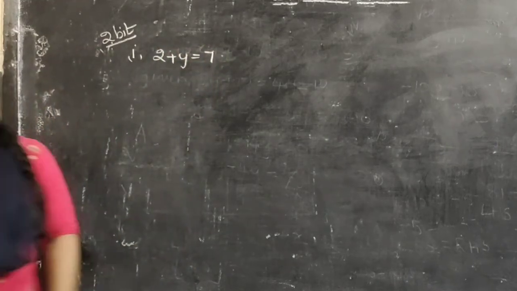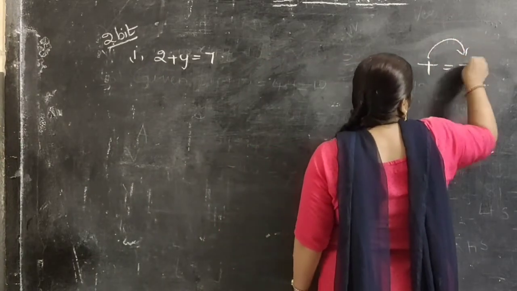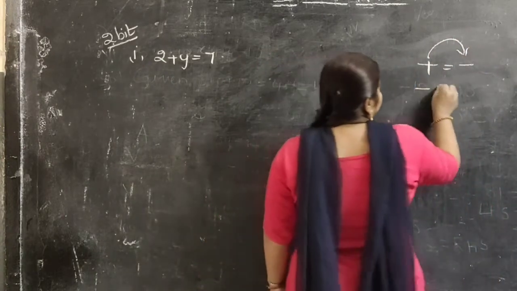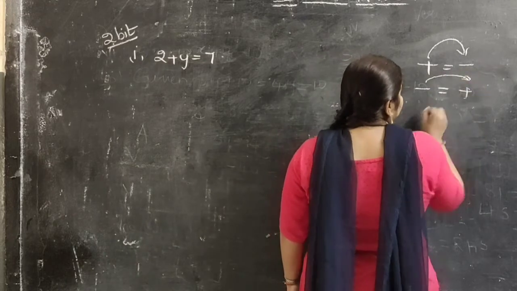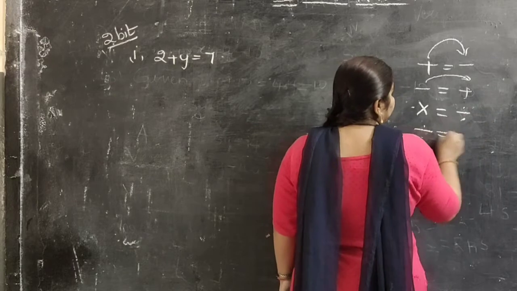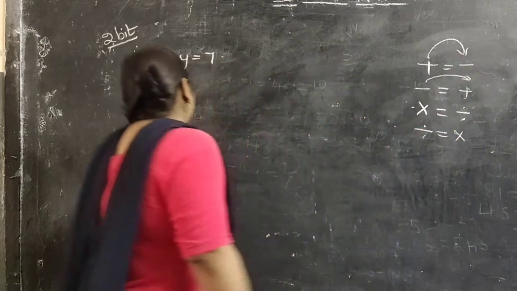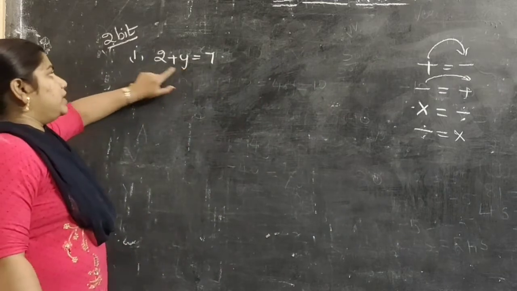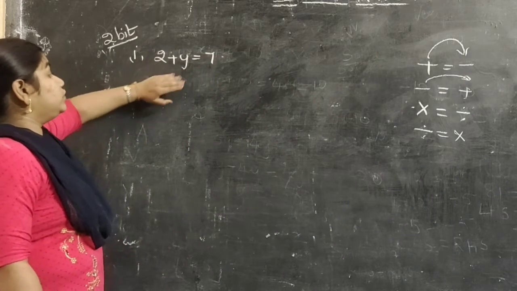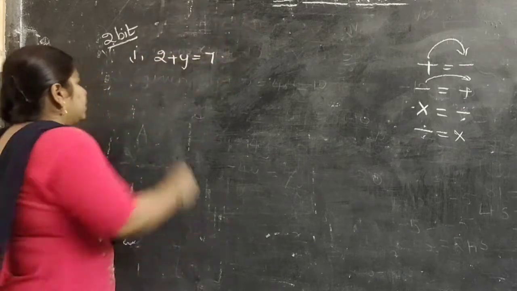Transposing means the signs: if you take this plus sign to the other side, that will be converted into minus. If you take minus to the other side, that will be plus. Multiplication will be changed to division. Division will be changed to multiplication. So these are transposing signs. Now with y, which number is connected? That is 2. So that 2 we have to send to the other side.